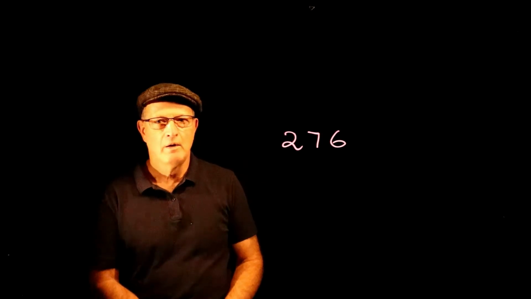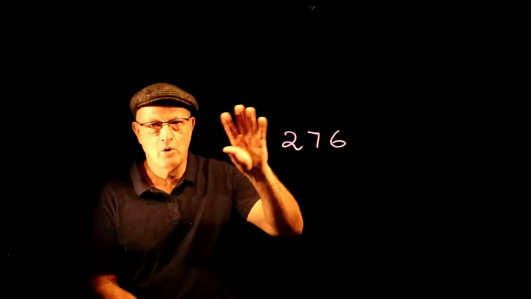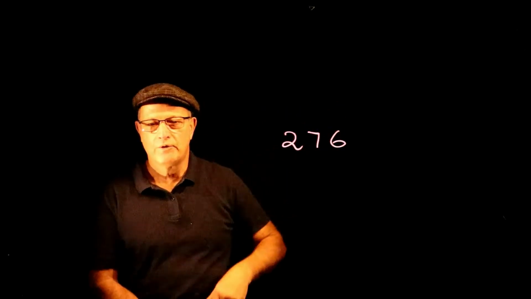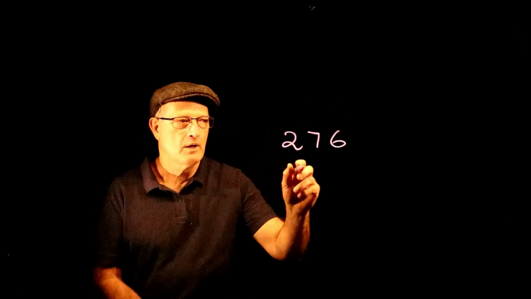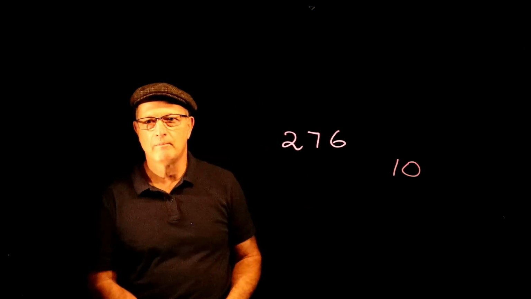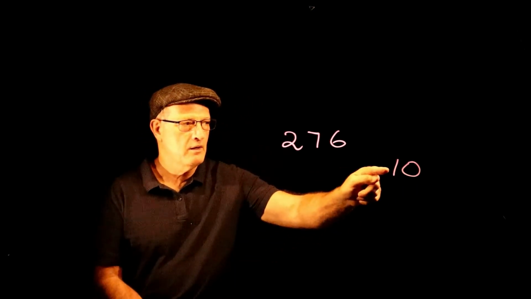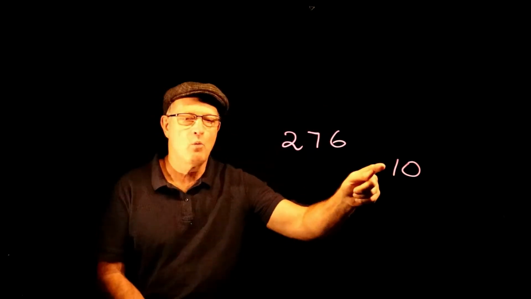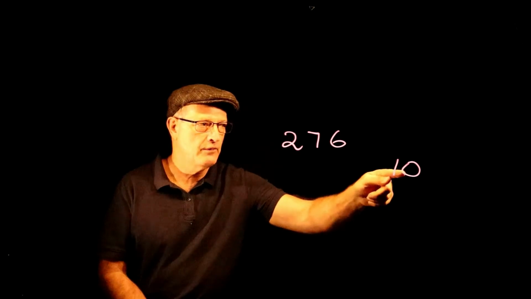3-digit number. So remember, in the whole world there's only 10 digits, 0 to 9. As soon as you get to 9, you can't say 10 is a digit. You have to say that the 1 is a digit and the 0 is a digit.